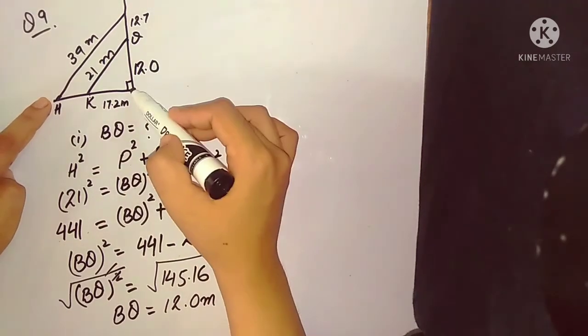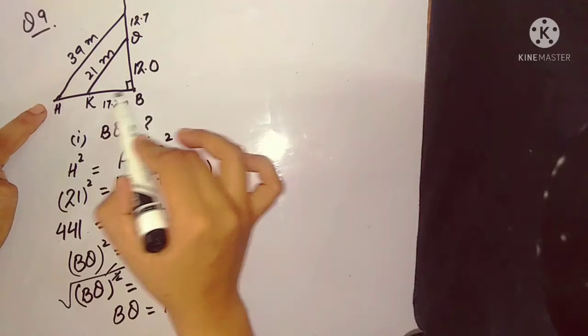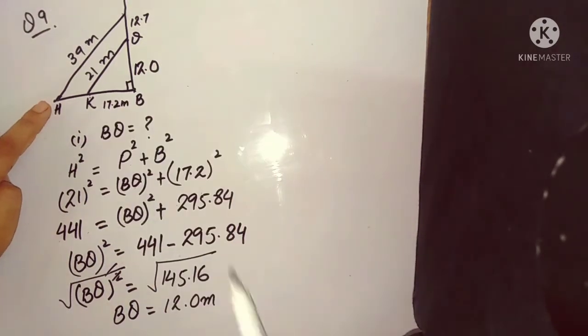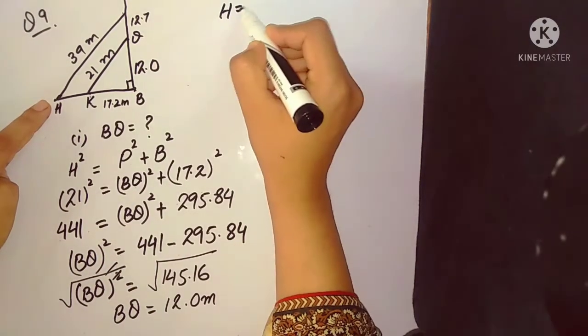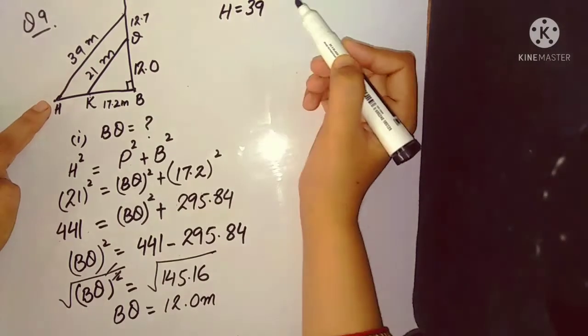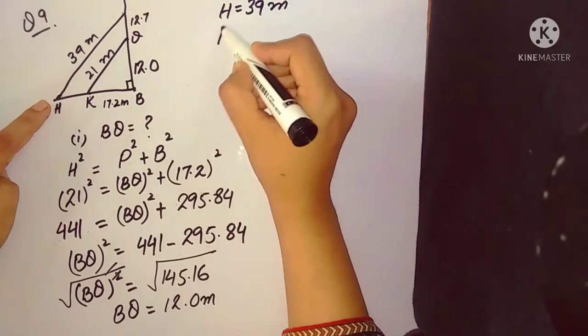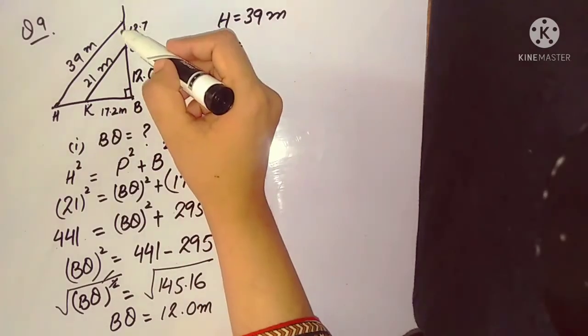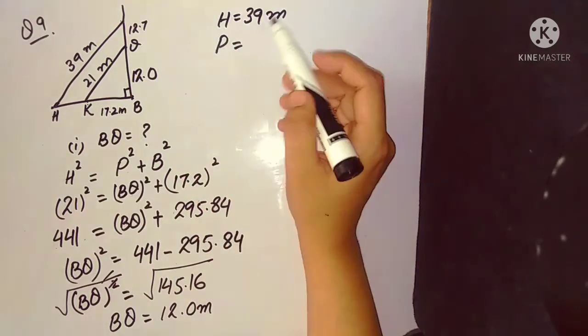From here till here is your perpendicular, from here till here is your base, and from here till here is your hypotenuse. So your hypotenuse is 39 meter, and for the perpendicular, this whole is your perpendicular. So you have to add 12.7 and 12.